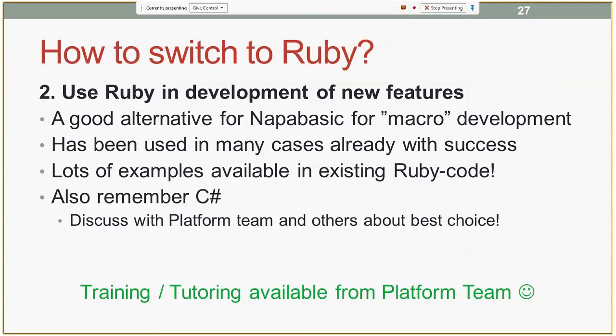And then I would recommend using Ruby for development of new features. When we are developing new features, I think we have perhaps too much the idea that, okay, we need to do this feature. Who will do the Fortran? Who will do the NapaBasic? That's the implicit assumption. There is not even discussion about what tools we might need to use.